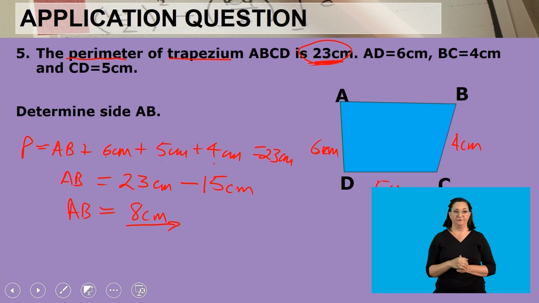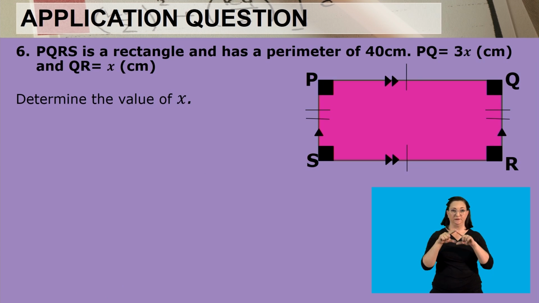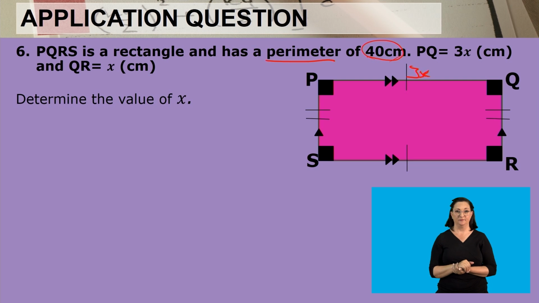All right, let's look at the next one, number 6. PQRS is a rectangle and has a perimeter of 40 centimeters. PQ equals 3x centimeters, and QR equals x centimeters.